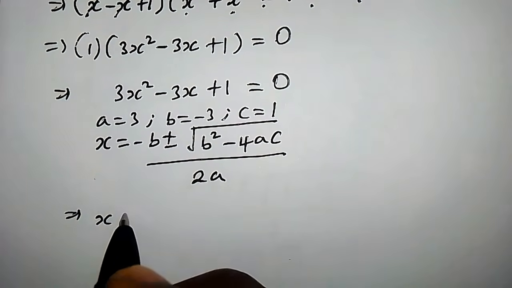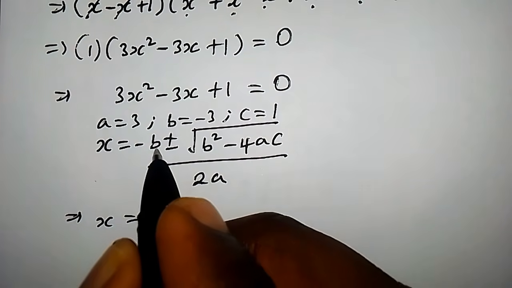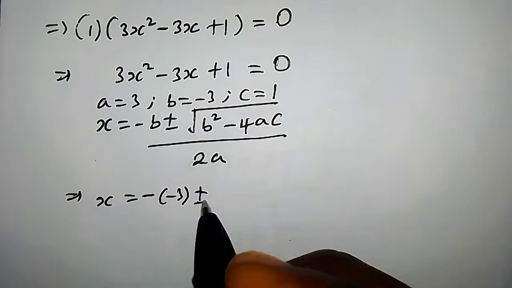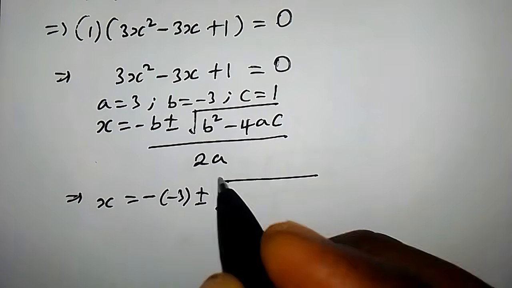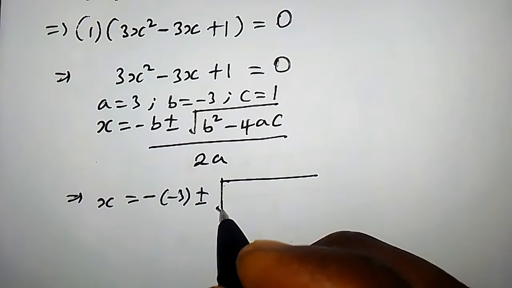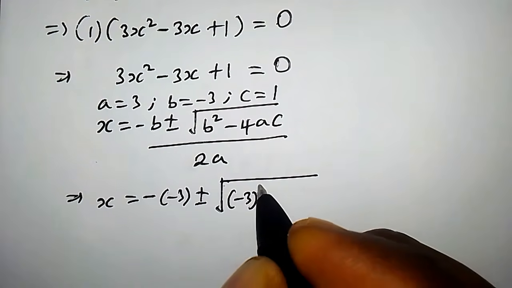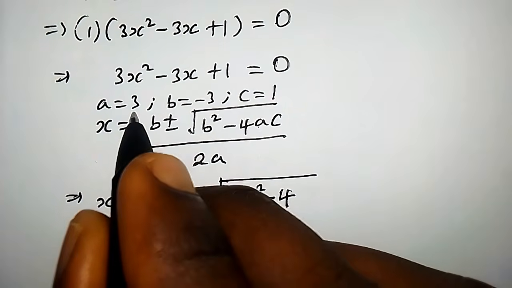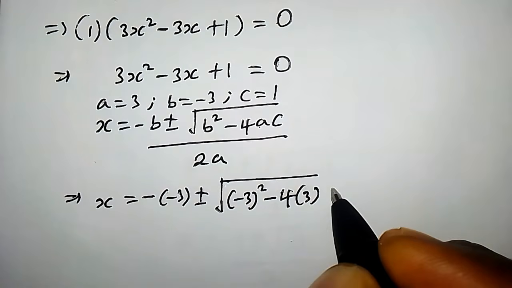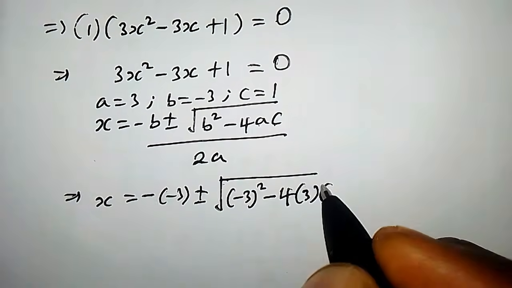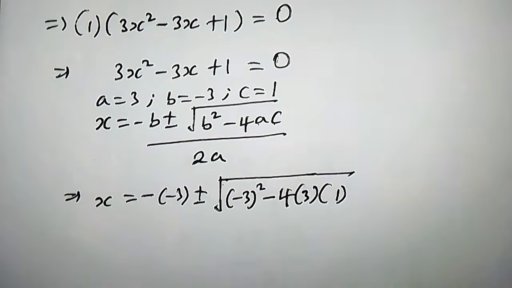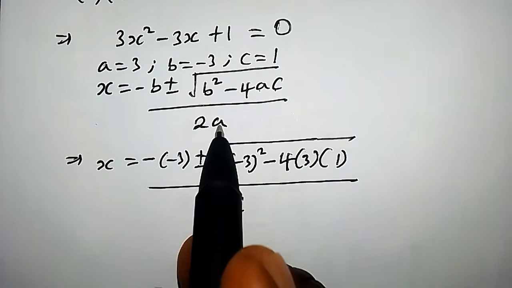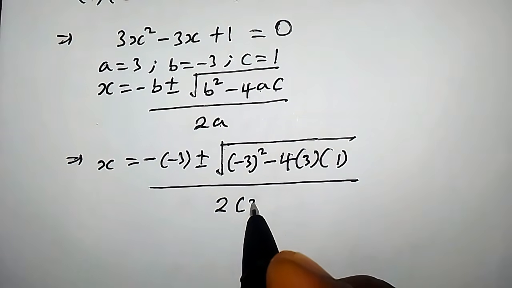So x is equal to minus, what is b? b is negative 3, plus or minus square root of b square, that will be minus 3 all squared, minus 4, what is a? a is 3, into 3 into, and c is equal to 1, all divided by 2 into the value of a, that is 3.